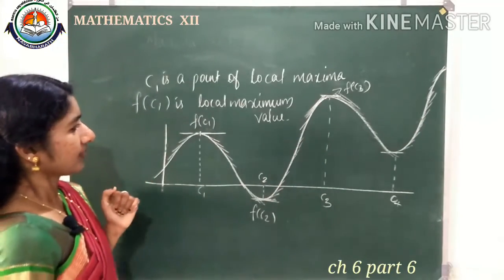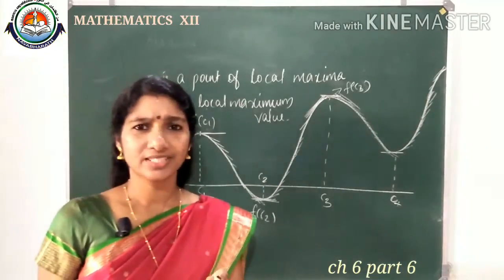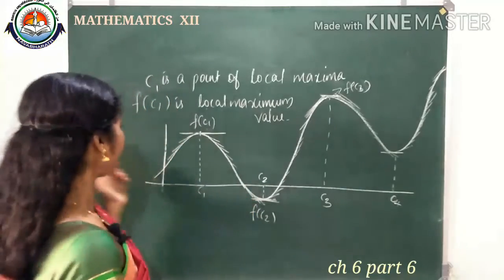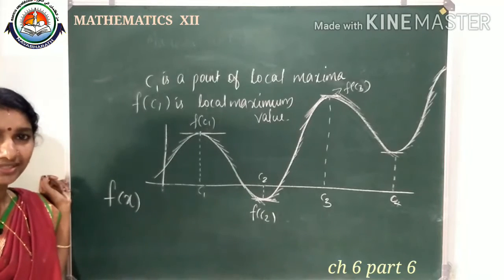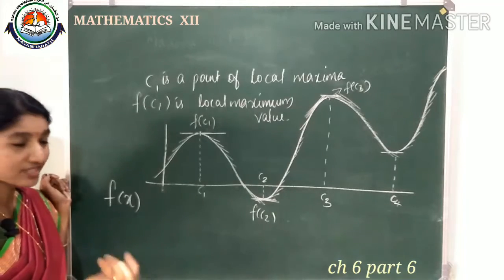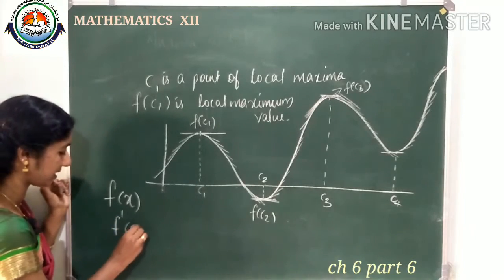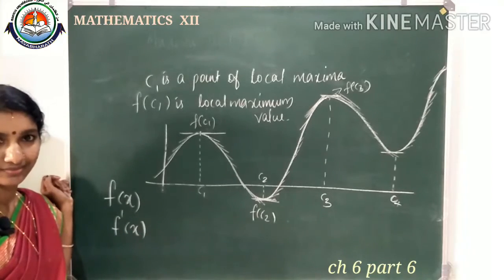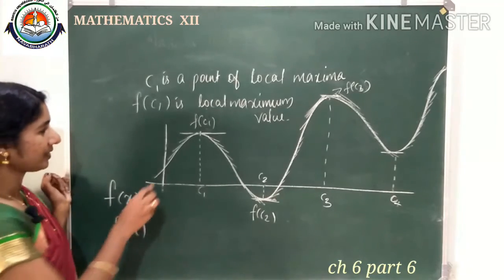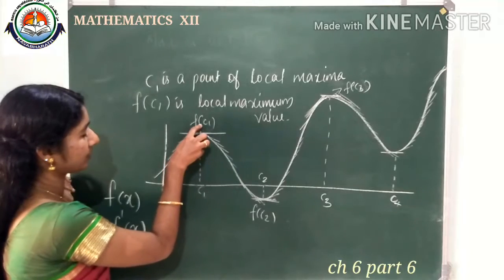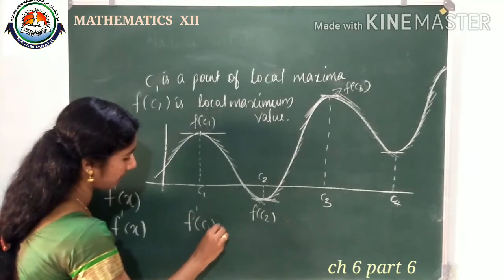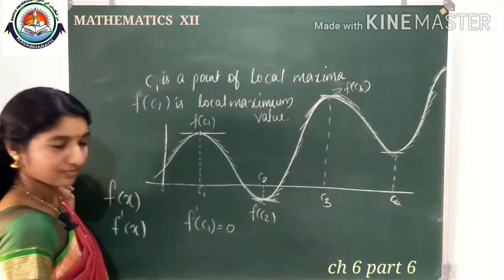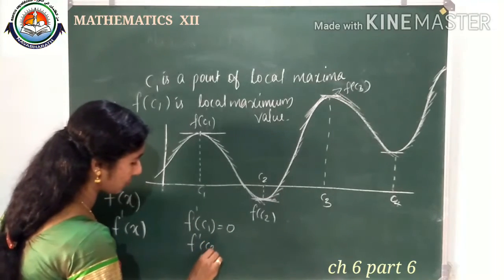Then what did we study about the slope of the tangent? If f of x is a function, what is the slope of the tangent? We studied the derivative, the first derivative: f dash of x is the slope of the tangent. Isn't it? So what can we say here? f dash of C1 will be 0. f dash of C2 will be 0.